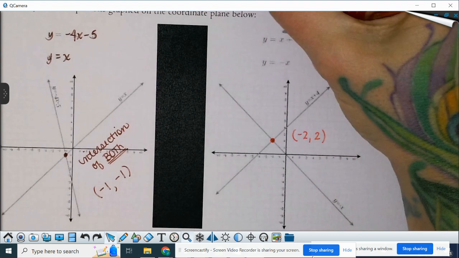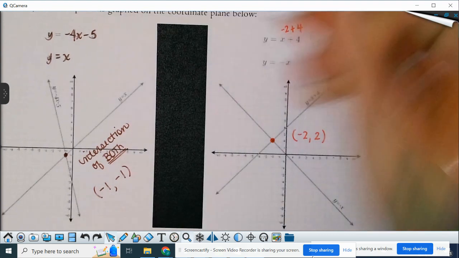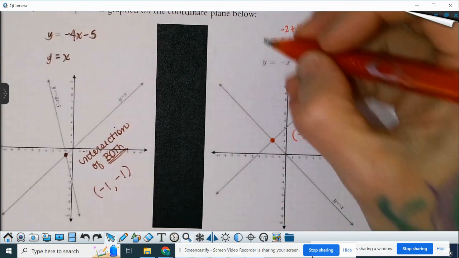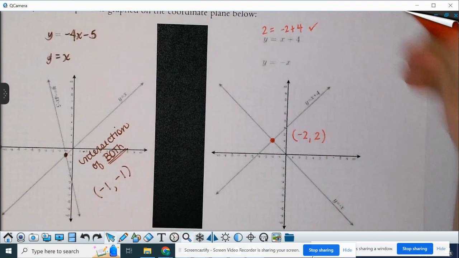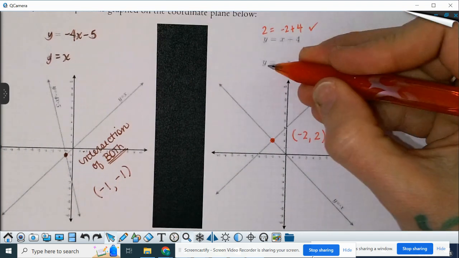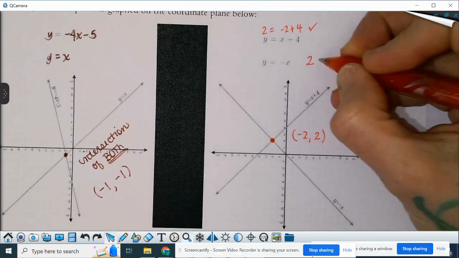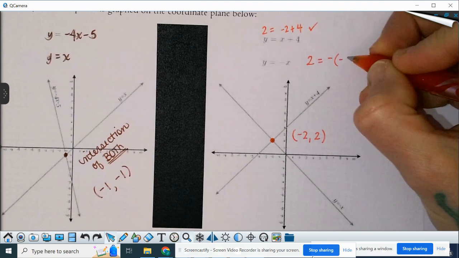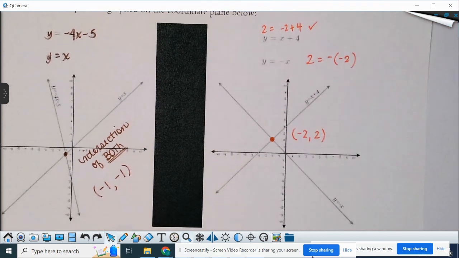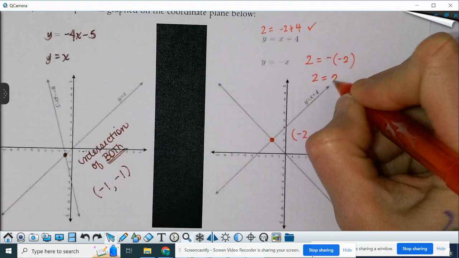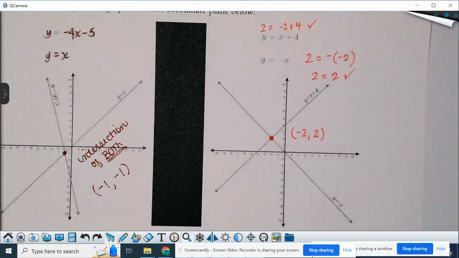Negative 2 plus 4, does it give me a positive 2? Yes, it does. And then y equals negative x, where our x value is negative 2, also gives us positive 2. You are literally looking for when they intersect, and that is it for solving systems by graphing.